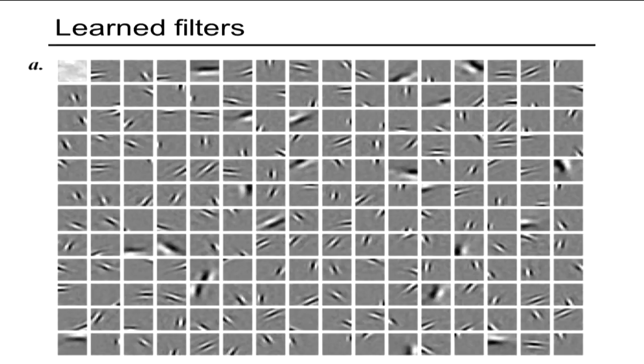But it's the same thing as in V1, right? You only need the derivative in X and the derivative in Y to get all the other things, right? But yet they have different orientations. You technically don't need them, but the brain has them because it's an overcomplete representation. And that's another reason why this sparsity is there, because once you have an overcomplete representation, you can afford to be sparse.